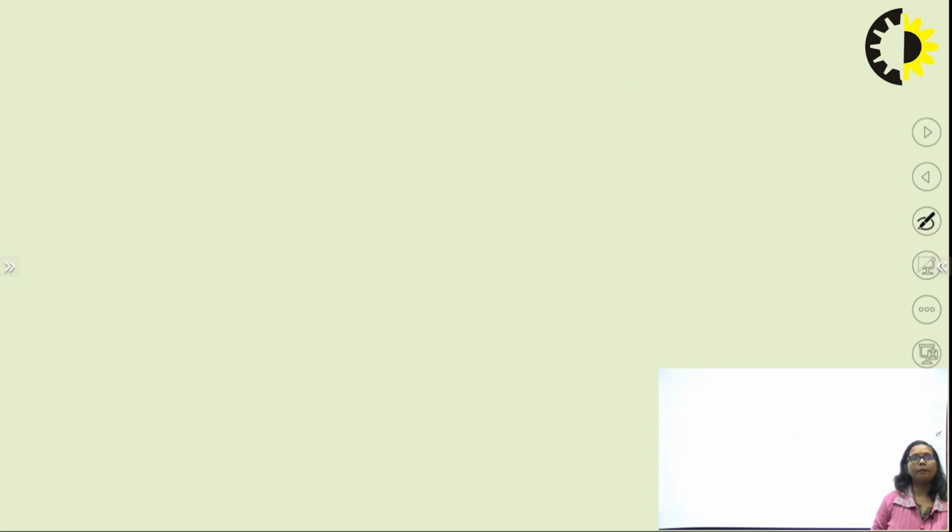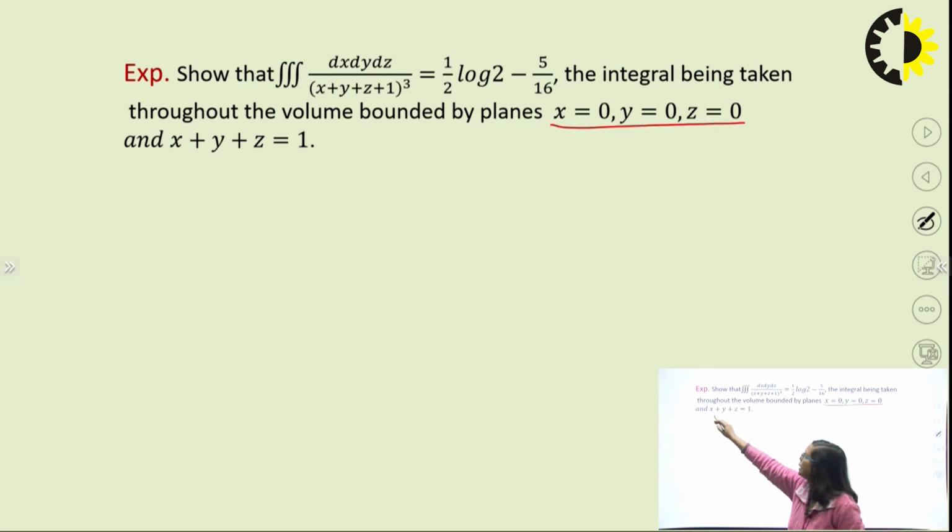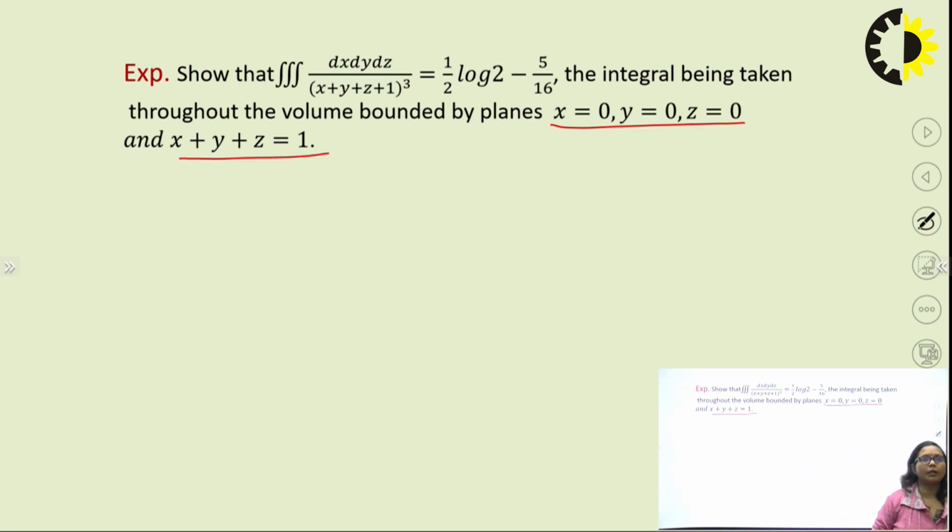Come to the second example. Look at the next one. Show that the triple integral dx dy dz upon x plus y plus z plus 1 whole cube is equal to 1 by 2 log 2 minus 5 by 16, the integral being taken throughout the volume bounded by the planes x equal to 0, y equal to 0, z equal to 0 and x plus y plus z equal to 1.